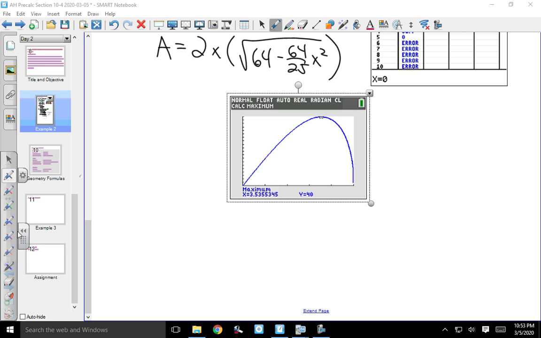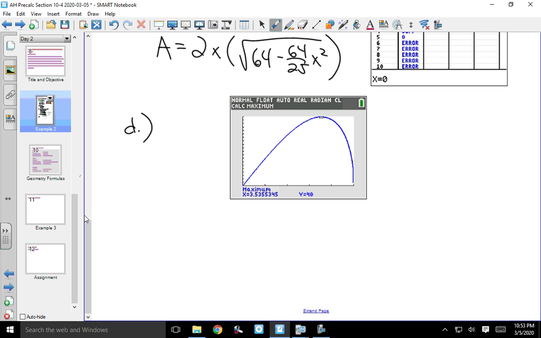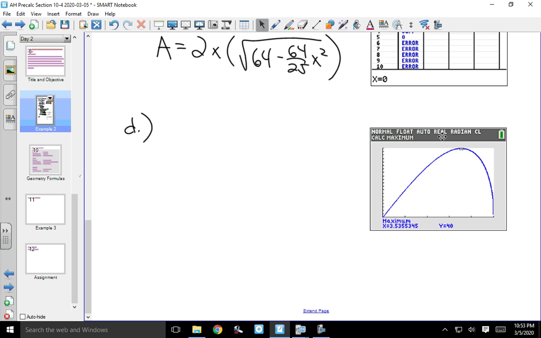All right, and that was part D on this one. And the question they asked us here was to plot the graph as a function. Use the maximum feature on your grapher to find the value of x that produced the maximum area. So we're trying to maximize area.